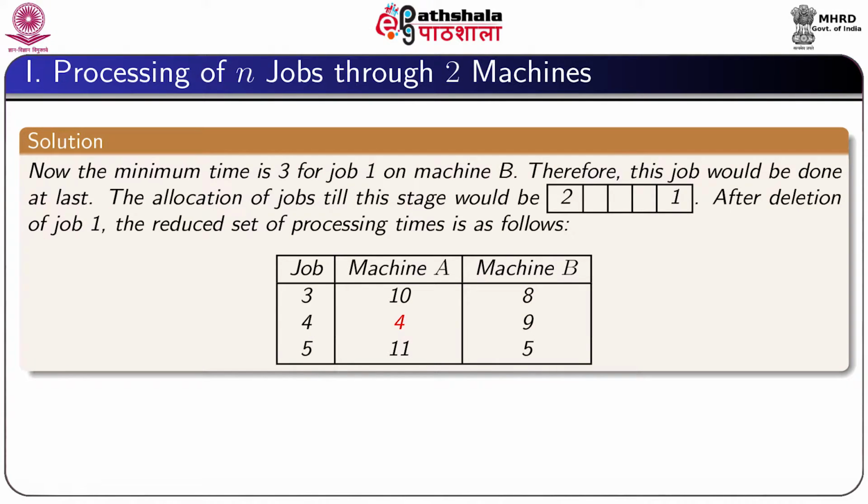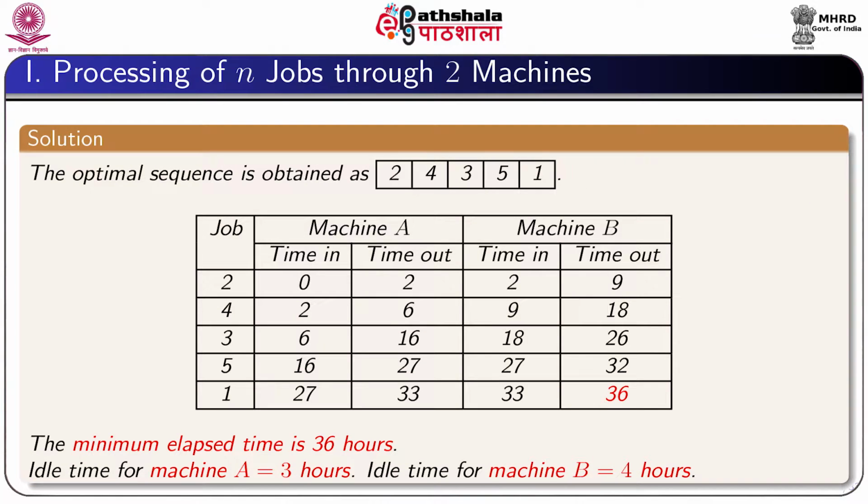Now, again we will find the reduced set of processing time by eliminating job 1, and now we have only 3 jobs, job 3, 4 and 5, and if we follow the same technique, finding the minimum processing time, then ultimately we will get the optimal sequence as 2, 4, 3, 5, 1.